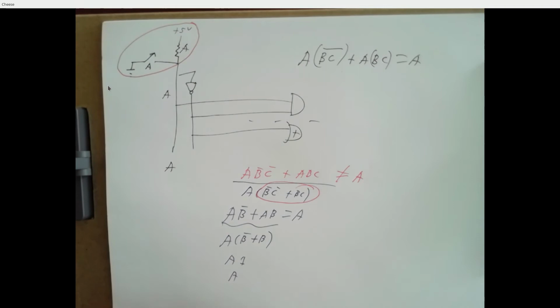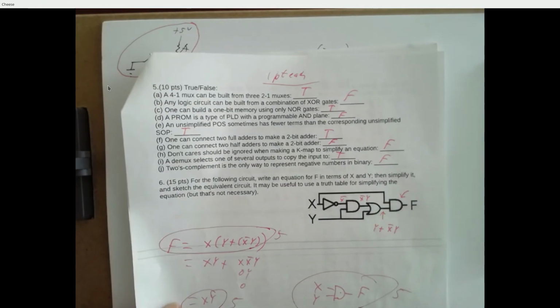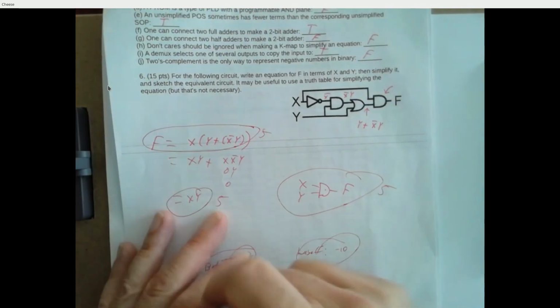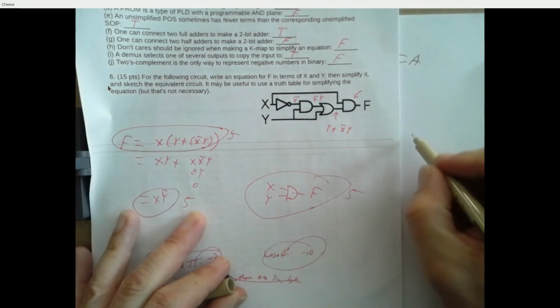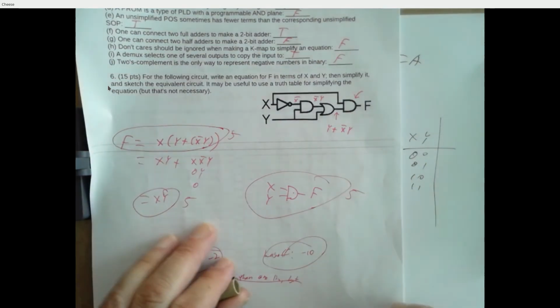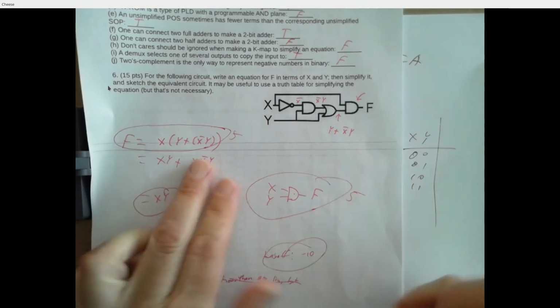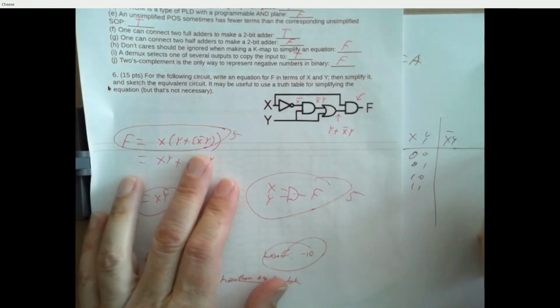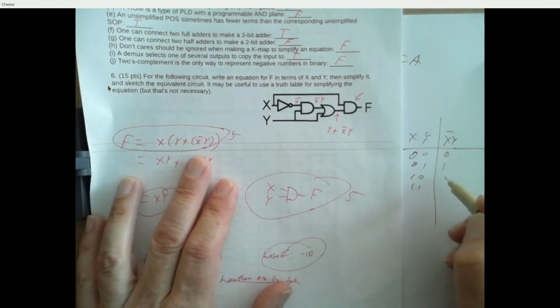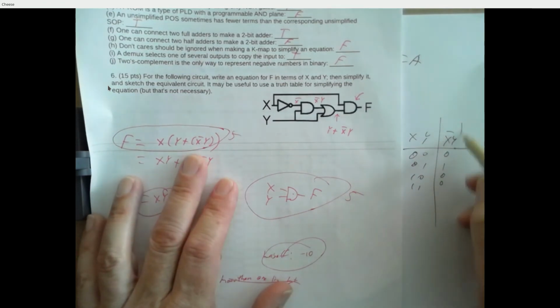For number 6, you said it's useful to use a truth table. How would you use a truth table to show your work that way? Do you just test it out one input at a time? So if you've got it in this form here, you could go ahead and fill out all the possible combinations. So x bar y would be true when y is 1 and x is a 0. So that looks like that.